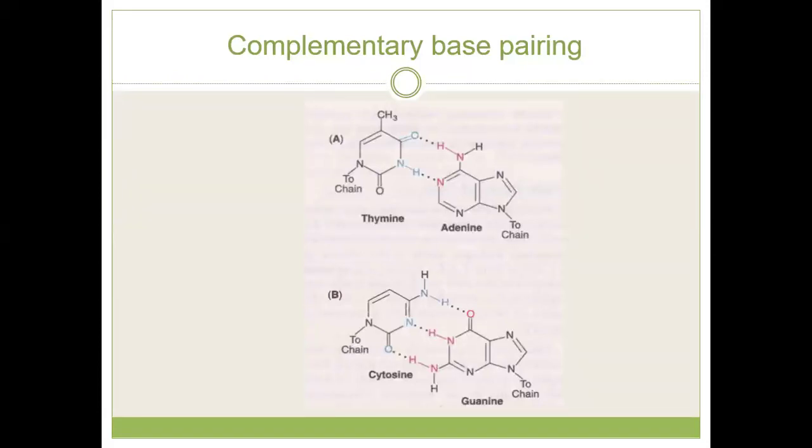We talked about this complementary base pairing, and I said in complementary base pairing, thymine binds to adenine through 2 hydrogen bonds, while cytosine binds to guanine. So in this case, what's supposed to come to your mind is that thymine is just a nitrogenous base, and also adenine is just a nitrogenous base.